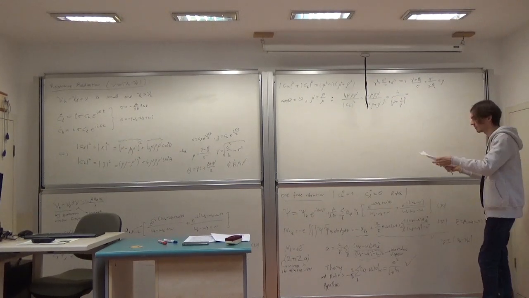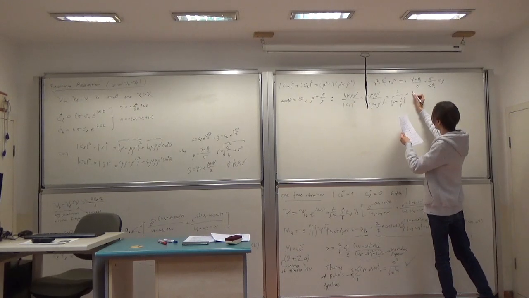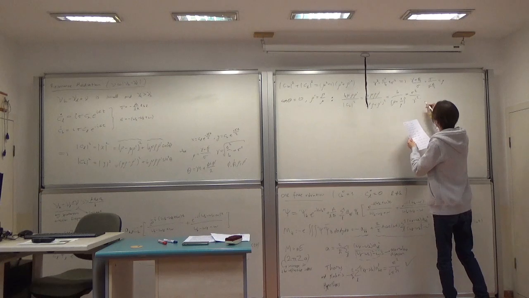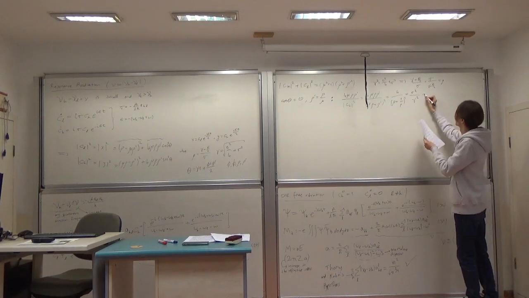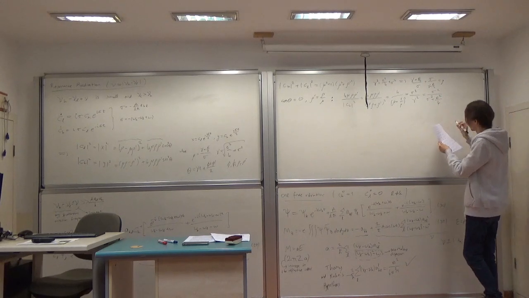So I will plug in these values here and obtain, okay, I'm directly writing sigma square over gamma square, which is sigma square over sigma square plus epsilon square over 4.